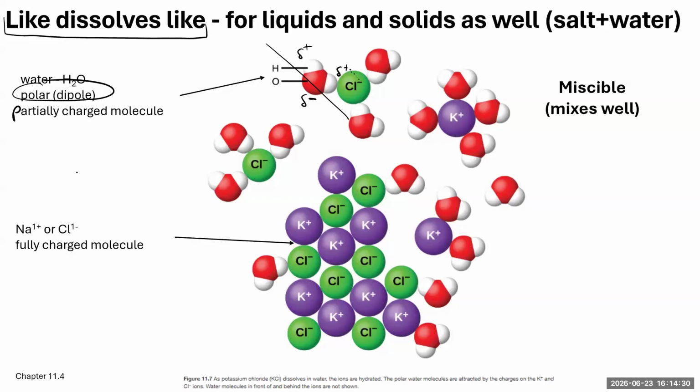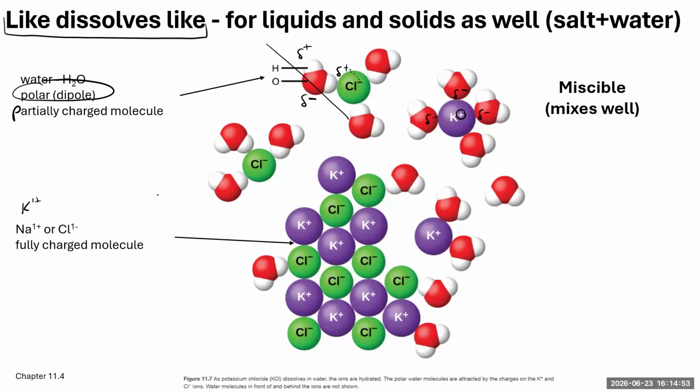So this is potassium chloride. Here we have the potassium, which is a positively charged ion, and if you look at it here, it's being attracted to the negative side of the water, right?